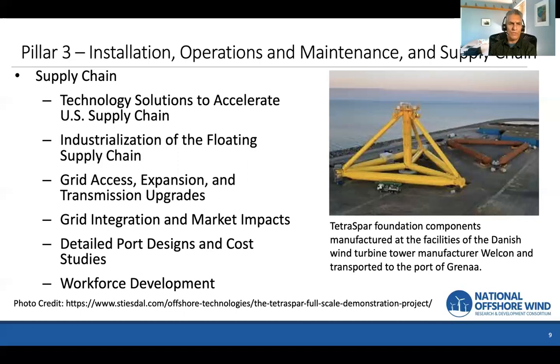The next two bullets in this list are about the grid, and they're divided into two pieces. One is the expansion and access to the transmission system, and that is a really near-term issue, especially on the East Coast, where you have a limited number of points of interconnection and access to the grid.